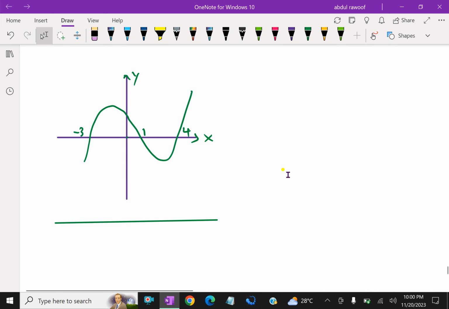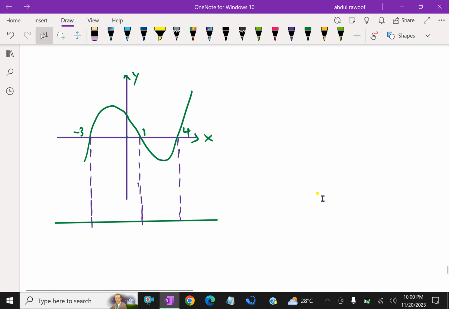Now, dropping perpendiculars. Wherever the graph cuts the x-axis, from that point we have to drop perpendiculars.